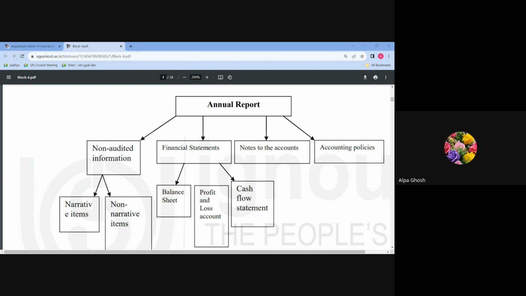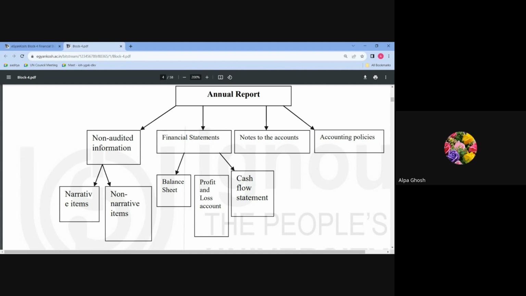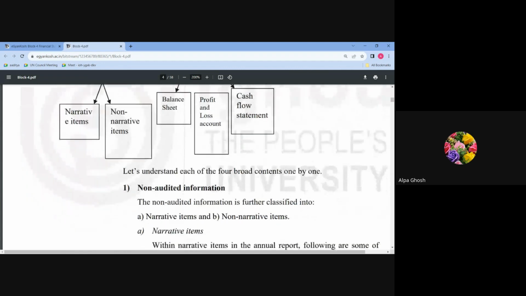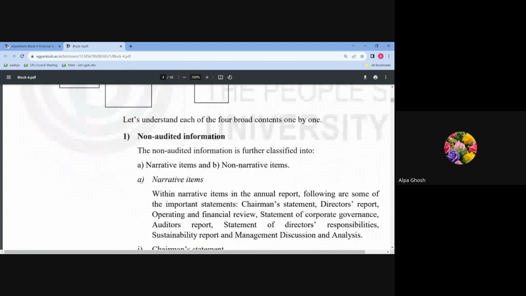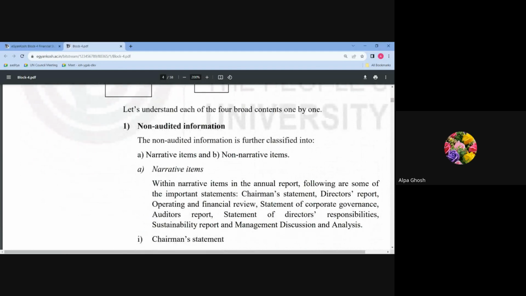Now, non-audited information can be narrative items or non-narrative items. The financial statements consist of the balance sheet, profit and loss account, and cash flow statement. So now if we start with non-audited information, I told you we have narrative and non-narrative.